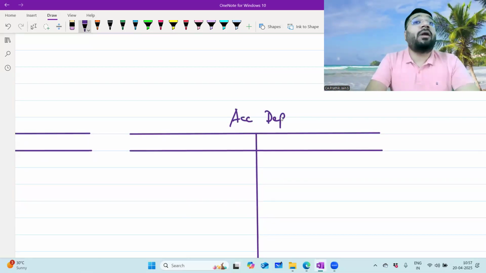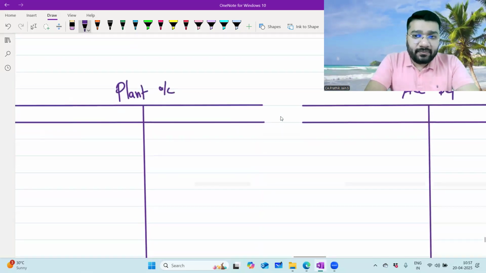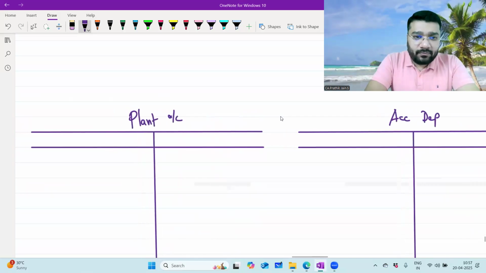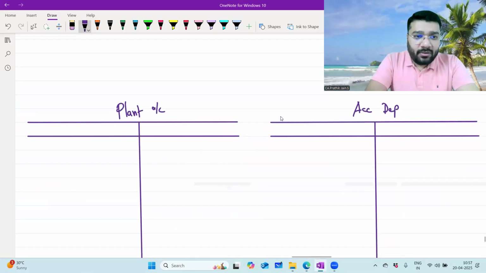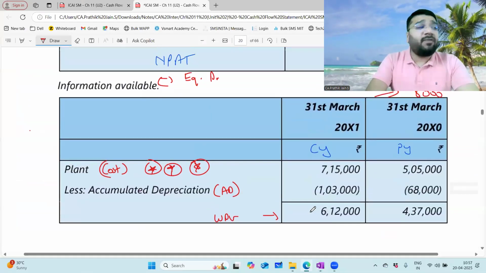Accumulated depreciation is also called provision for depreciation. So this ledger has got two names. Please tell me, what is the opening balance of the plant? Be very careful with the dates.